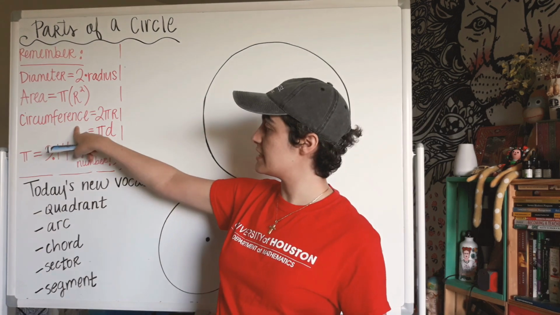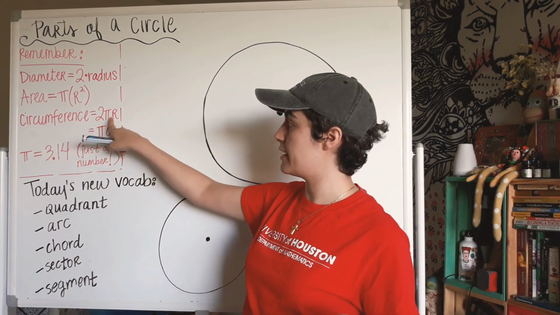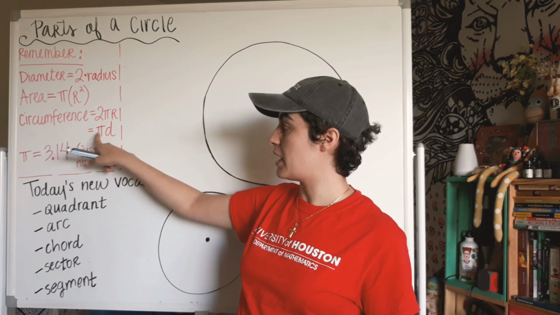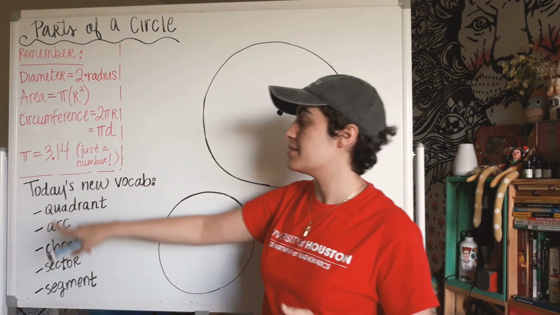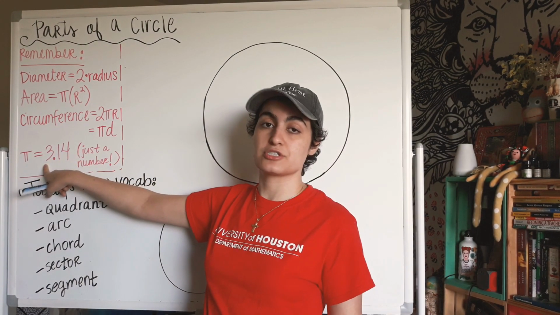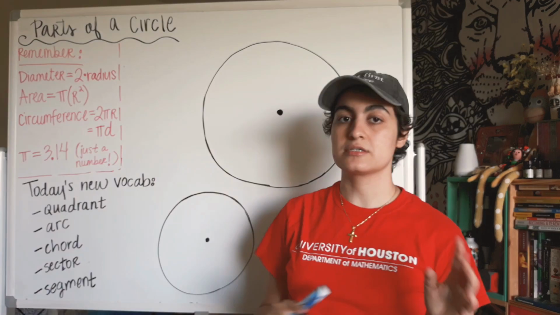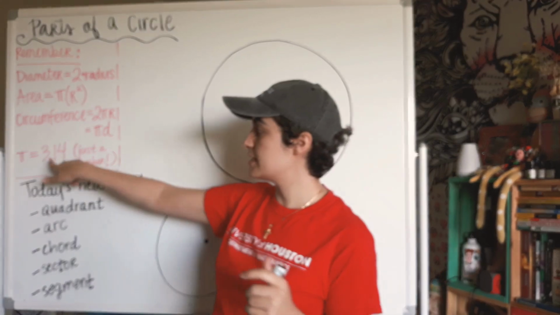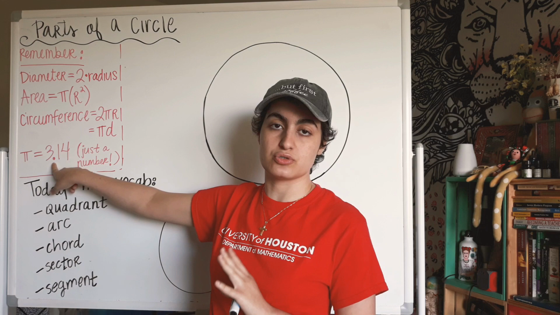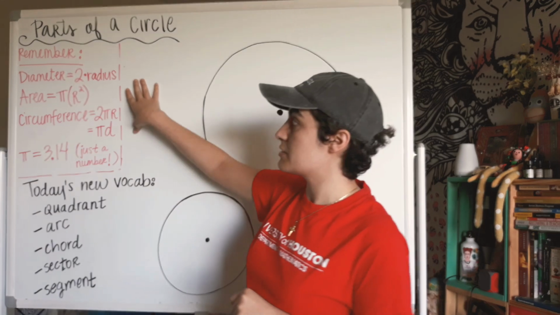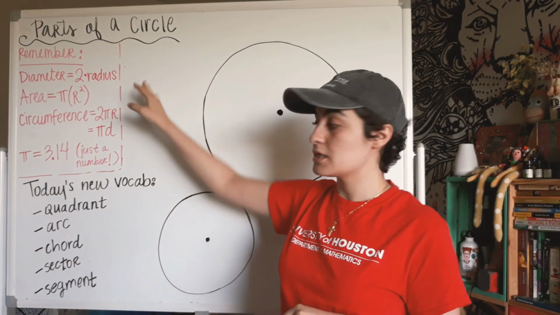The circumference of any circle is 2 pi r, or pi times the diameter. And then pi is just a number. It's just a really, really ugly decimal, and we shorten it just for simplicity's sake to 3.14. So this is from the last video. You should know all this.